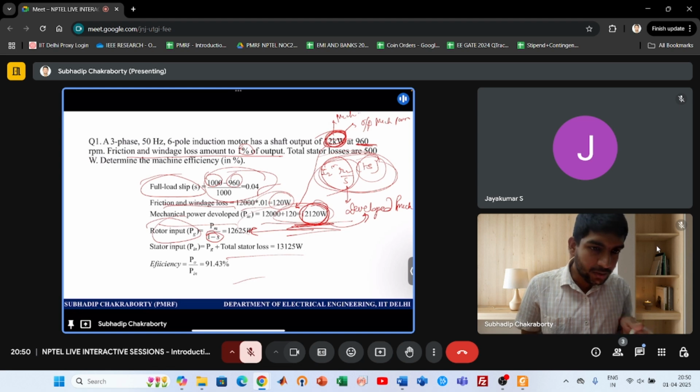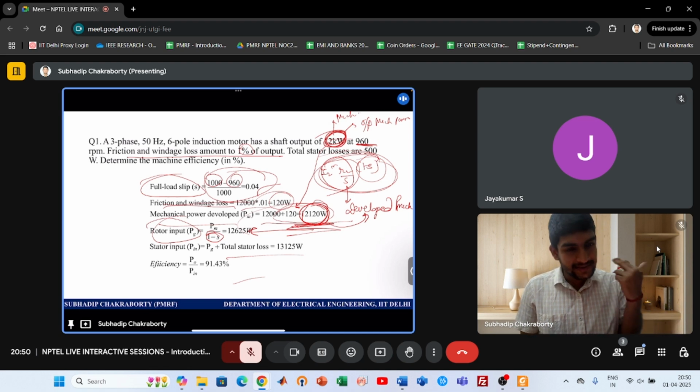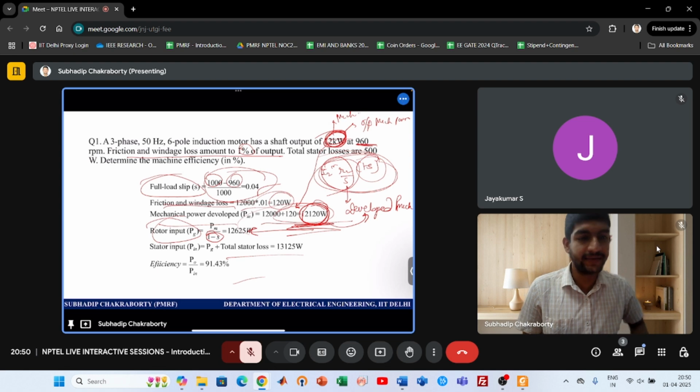Air gap power is nothing but the input to the rotor, and then the rotor will suffer the copper losses, and then it will develop the mechanical power. But it goes through another stage, the friction and windage loss, and then we get the output.